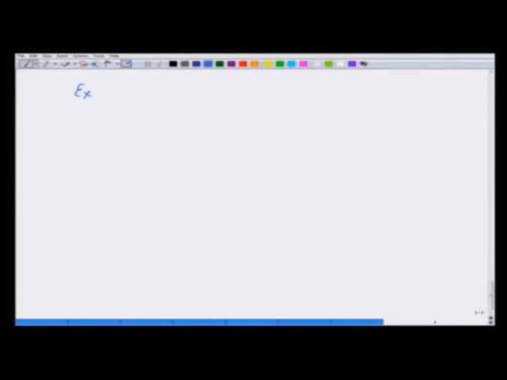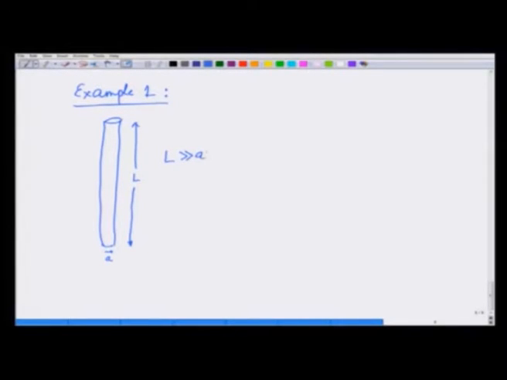Example 1. Suppose I have a long bar magnet. Its length is L and radius A, such that L, let me make L properly, the total length is L. L is much greater than A, so I can ignore the fringe effects.